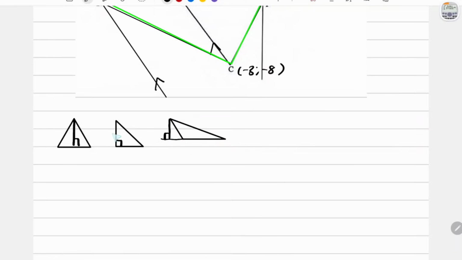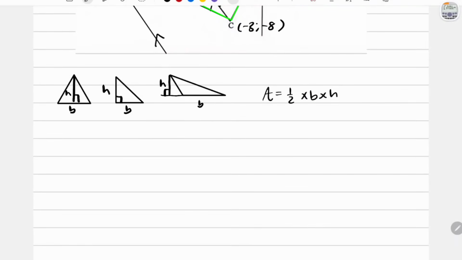As long as you have the height and a base, the area of the triangle is equal to half times the base times the height. But then there are also triangles that do not have perpendicular heights visible. The area of those triangles works like this. So let's say this triangle's name was ABC.